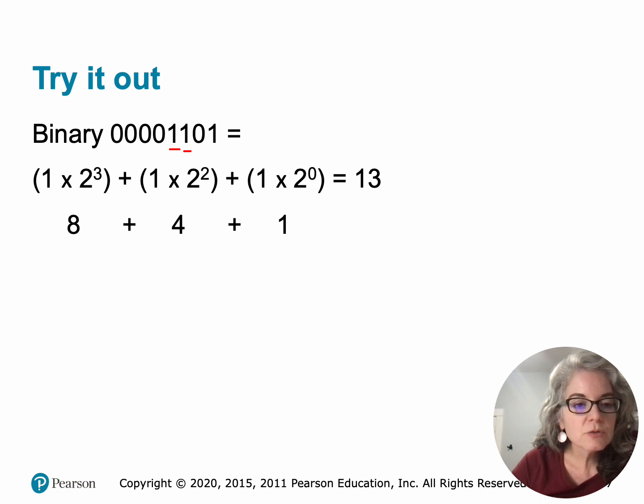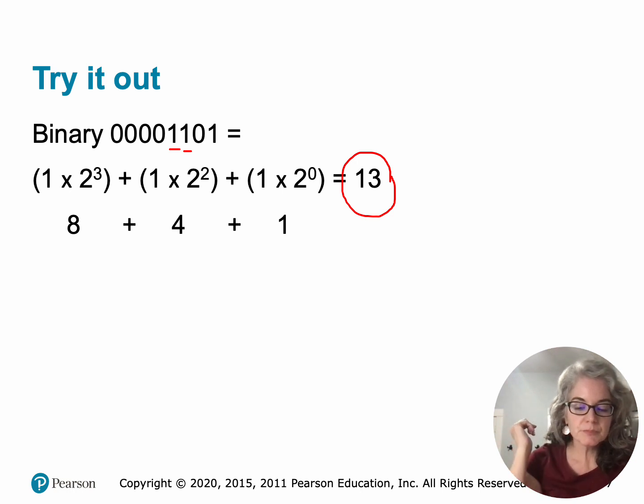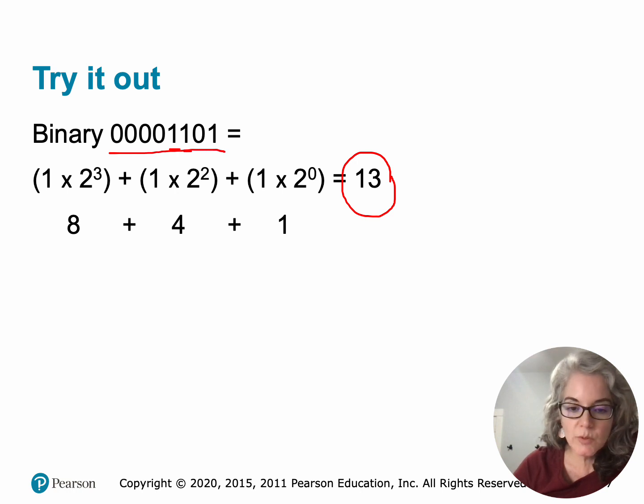This is position 2: 0, 1, 2. 1 times 2 to the power of 2. 2 squared is 4. And 2 to the power of 0 is 1. 8 plus 4 plus 1 is 13. This is the decimal value equivalent to this binary number. And this is what the machine understands. A machine only understands ones and zeros.